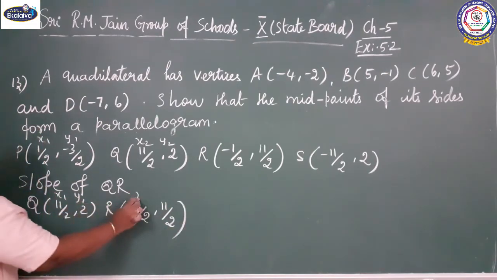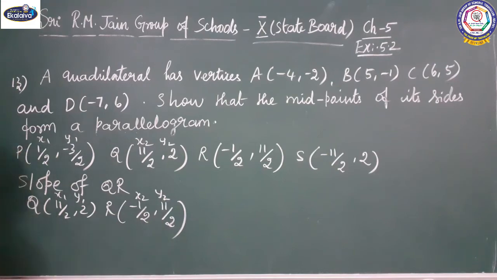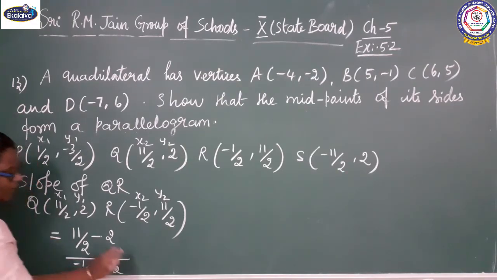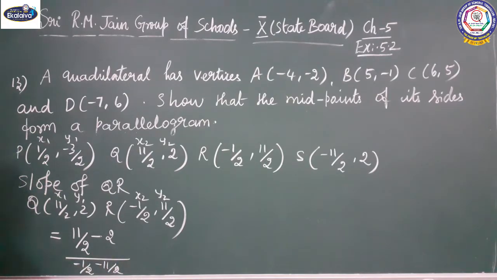x1, y1, x2, y2. So slope of QR equal to y2 minus y1. y2 is 11 by 2 minus y1 which is 2, by x2 minus x1. x2 is minus 1 by 2 minus minus 11 by 2.